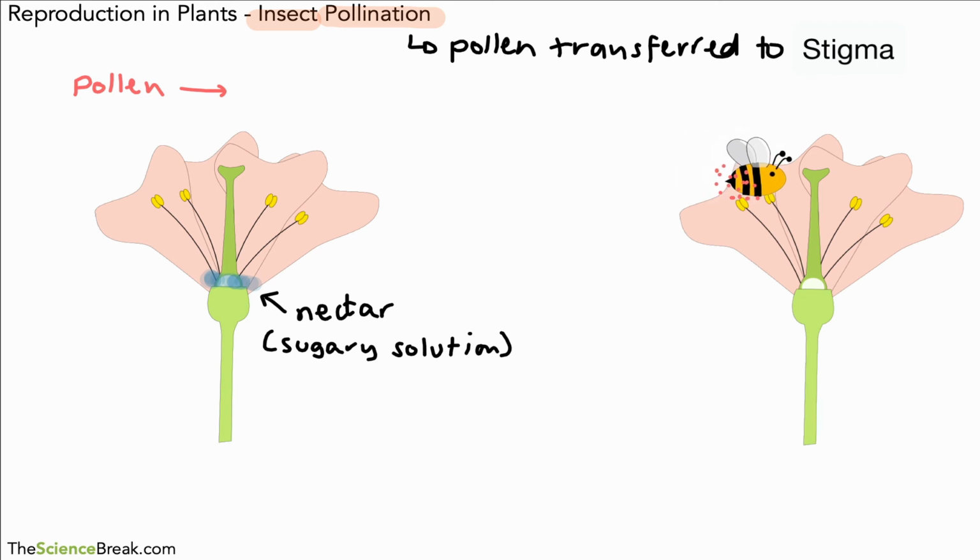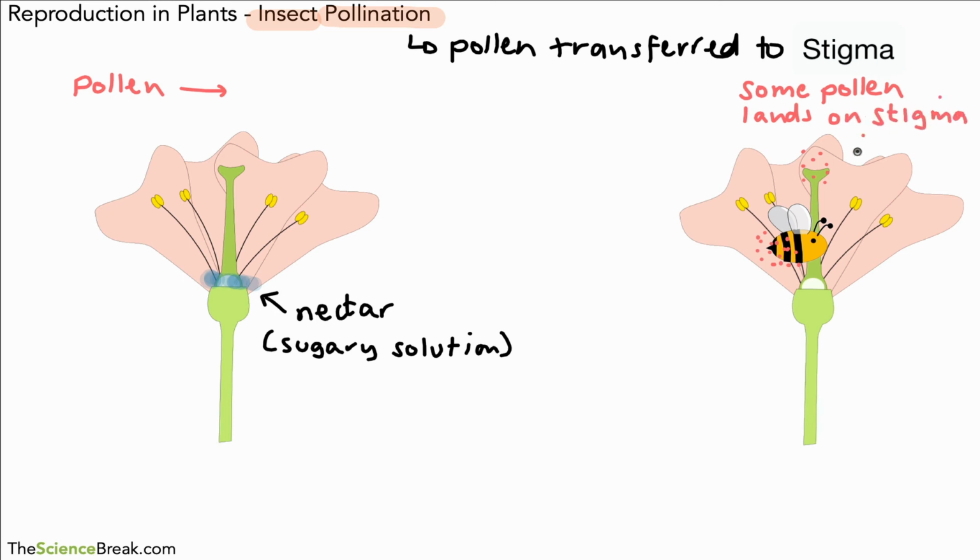But as it does that, there's a good chance that it will deposit or drop some of the pollen grains from the first plant onto the stigma of the second plant. So some pollen lands on the stigma. There we go. This is pollination, insect pollination.